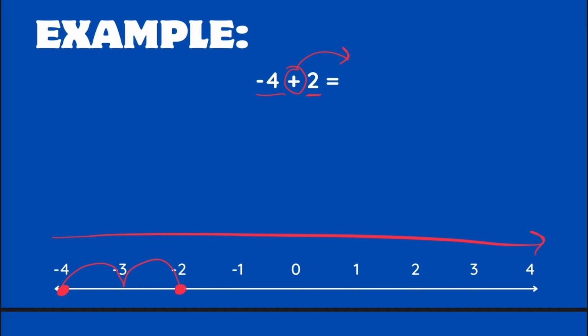And where do I leave off? On -2. So that just confirms that our answer, -4 plus 2, is equal to -2. Another way to think about it is what if someone owed you $4 and they only paid you back 2? They still owe you $2, which means that that person is still -$2.